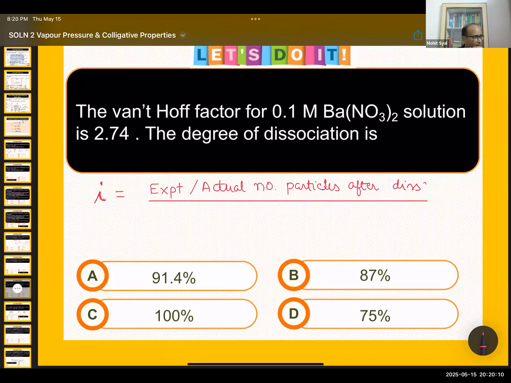Original number of particles means the amount of particles which you added. Let's say, suppose you added 1 mole of barium nitrate, or 0.1 mole in this case. Original number of particles without association or dissociation.